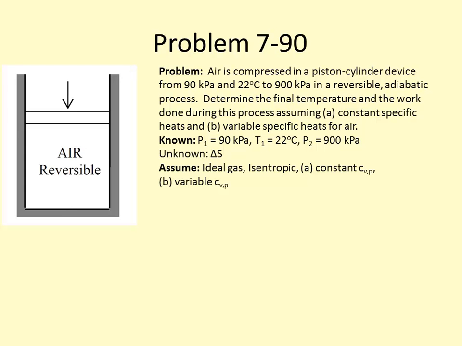So we plug in the numbers for that, 0.730 kilojoules per kilogram Kelvin, multiplied by T2, 564.9, minus T1, which was 295 Kelvin. So we find our work to be 197.0 kilojoules per kilogram. Okay, so this is part A.